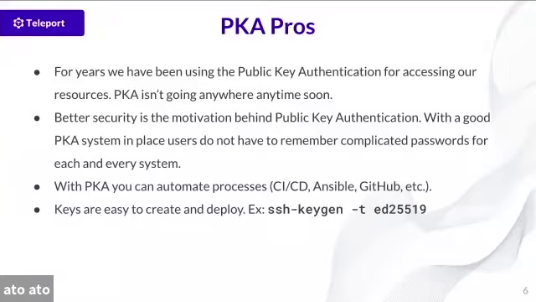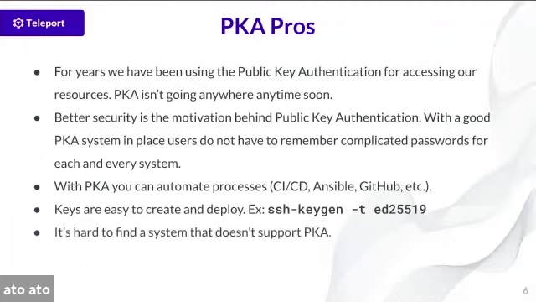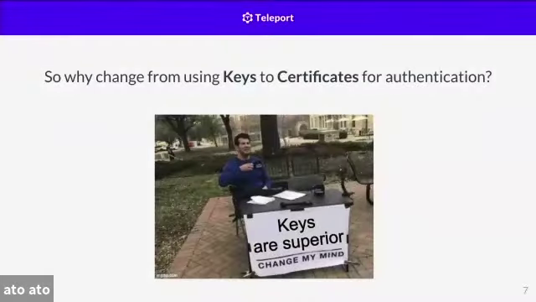Literally that command, right? ssh-keygen, and then what type? ED25519, RSA, whatever you want, there's a myriad of options out there. That's a whole other topic of discussion as far as which one's better. So, summary there, it's hard to find systems that do not support PKA, because pretty much everything out there does.